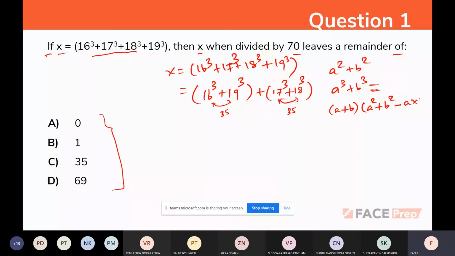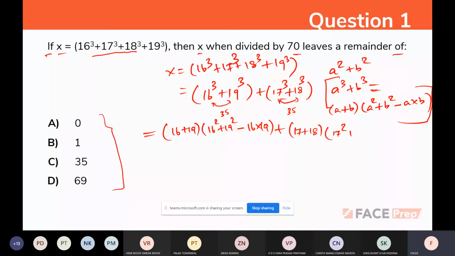So we are going to apply the formula here: 16 plus 19 into 16 squared plus 19 squared minus 16 into 19. Then for this bracket also, 17 plus 18 into 17 squared plus 18 squared minus 17 into 18.